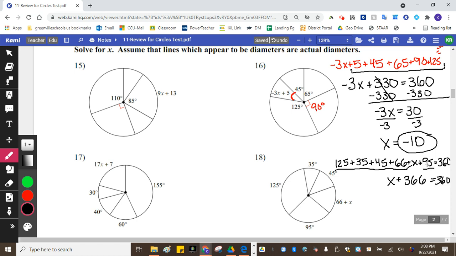Literally just putting them in the calculator. Solving for x, I subtract 366. Negative 6.